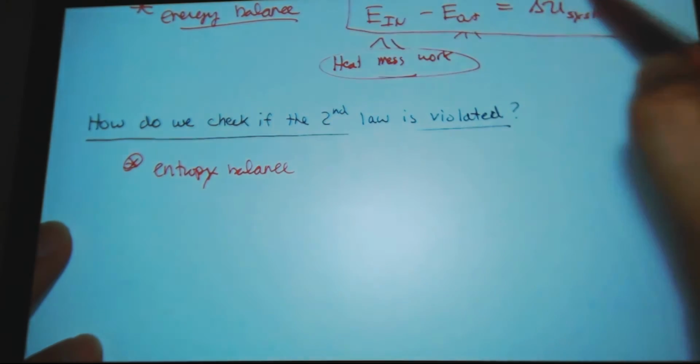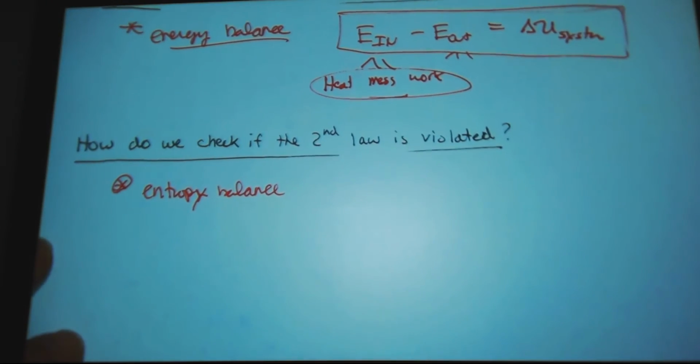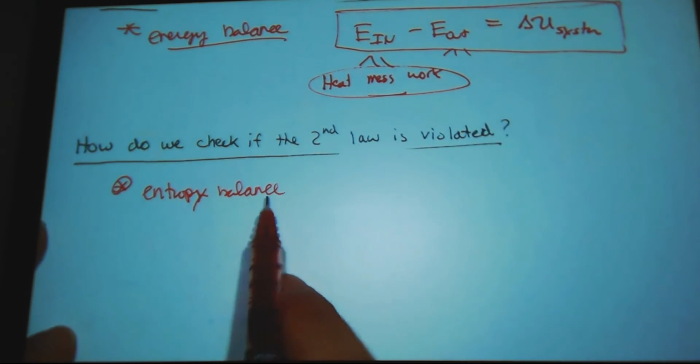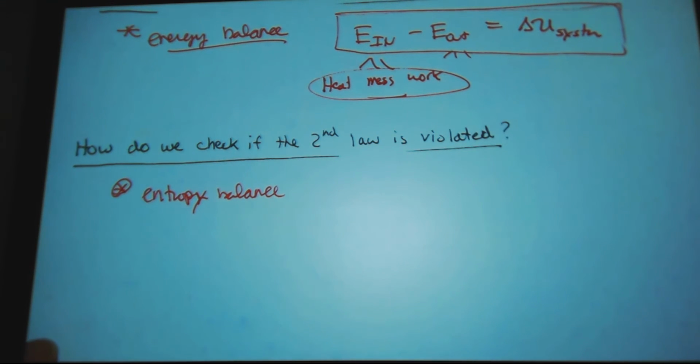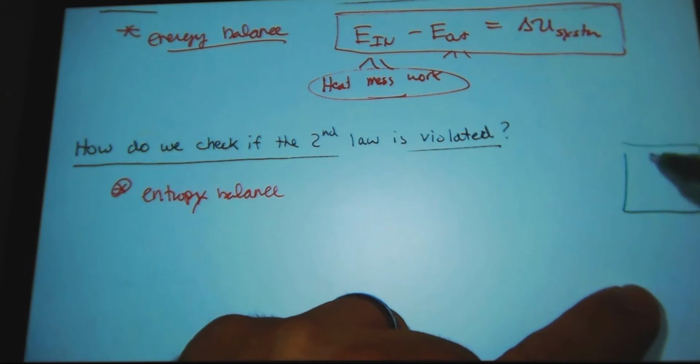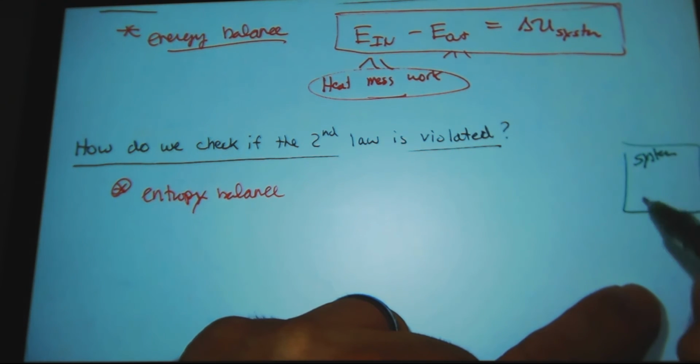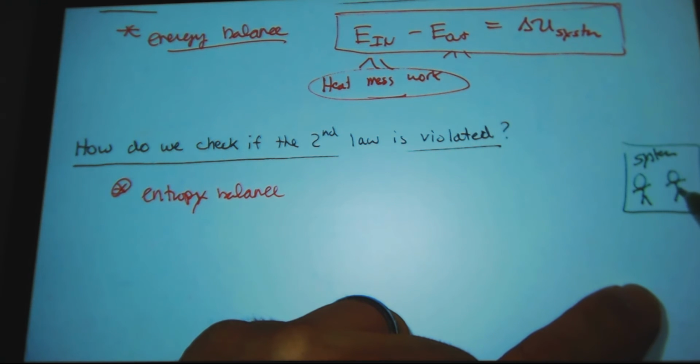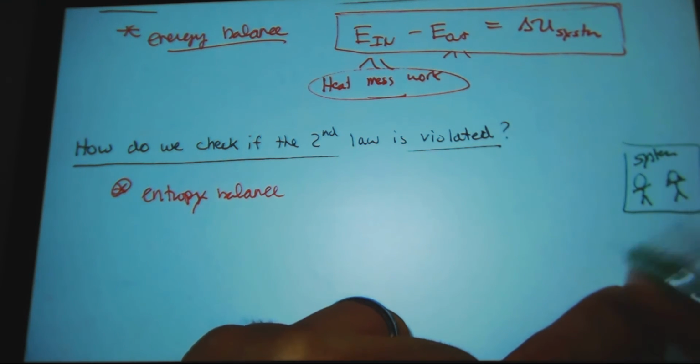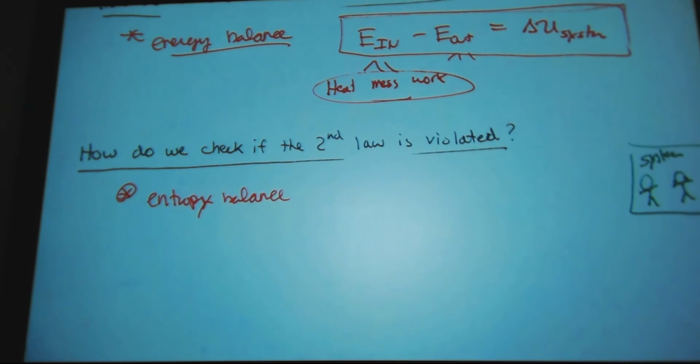So I had this expression here. And now I want to do entropy balance. So it's the same type of idea. So let me draw a system. And I'll put 2 stickmen in it. A boy and a girl. I don't know. But so I have 2 stickmen in my box.